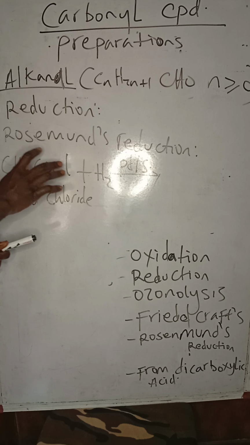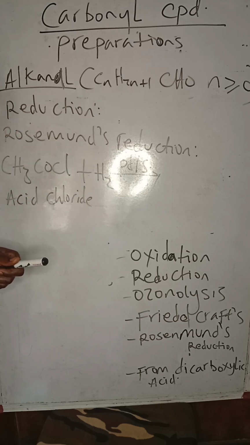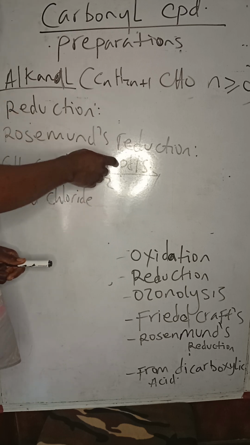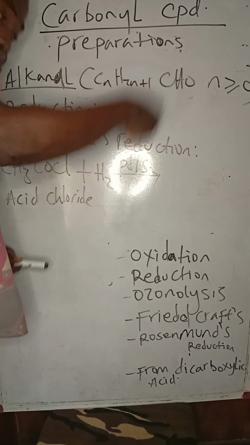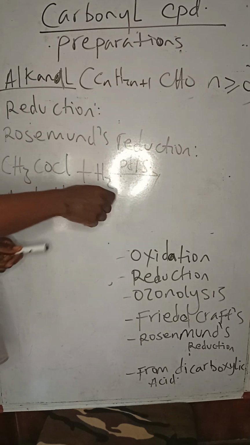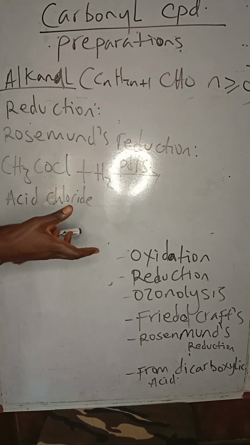Normally, if we reduce acid chloride or we add hydrogen to it, we are supposed to get alkanols. But in the presence of palladium, not just palladium, but poisoned with sulfur, the sulfur poison is reducing the effect of the catalyst, if we say so.